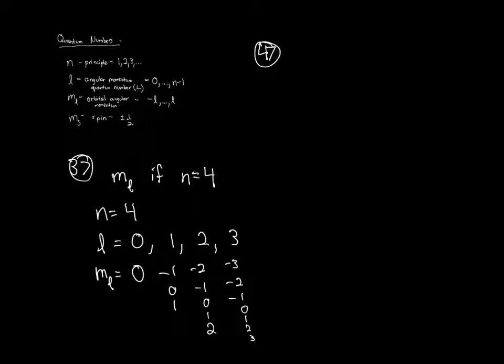To answer this, we should know what's a shell versus what's a subshell. Which quantum number represents a shell? N represents the shell. And what quantum number represents the subshell? L represents your subshell. And I know the number of electrons in each of these. How many electrons are in the shell? 2n squared.